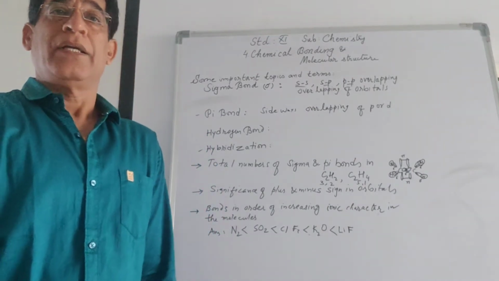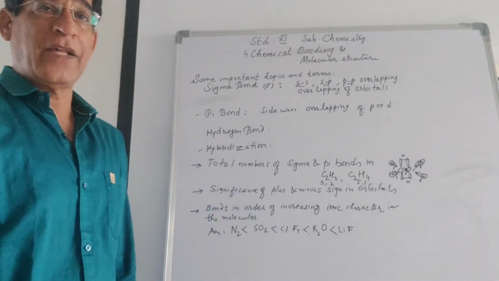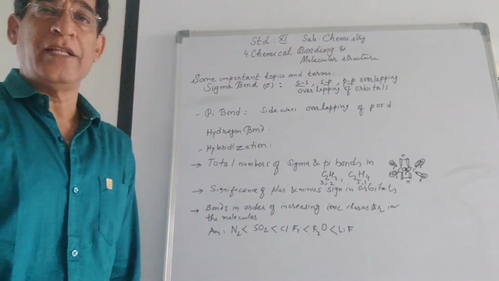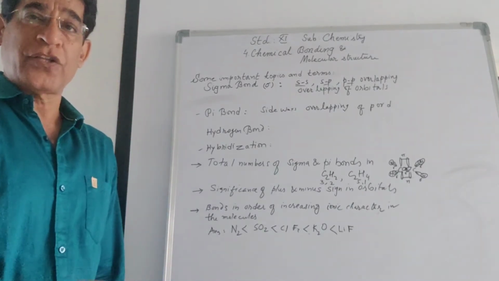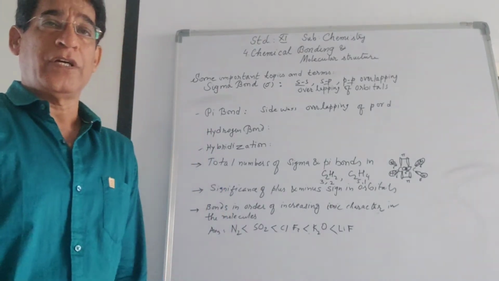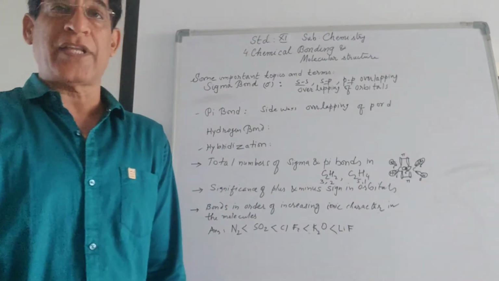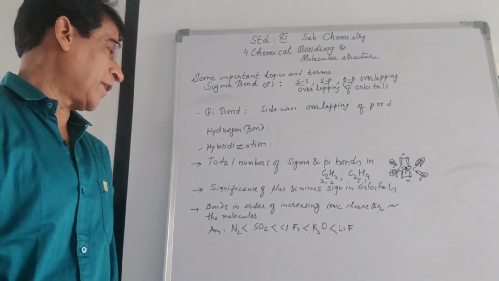Now, write the significance of a plus and minus sign shown in representing the orbitals. This is the question.